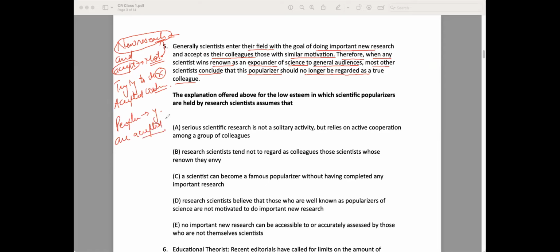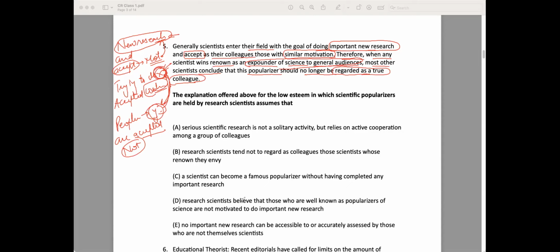It's a similar kind of a pattern. People who are renowned as expounder of science to general audiences are no longer accepted as colleagues. Again, we are simply saying X and Y. I mean, Y must be totally against X. People who do X are accepted as colleague. People who did Y are not accepted as colleague. So Y should be totally opposite of what is X. That must be the assumption, right?